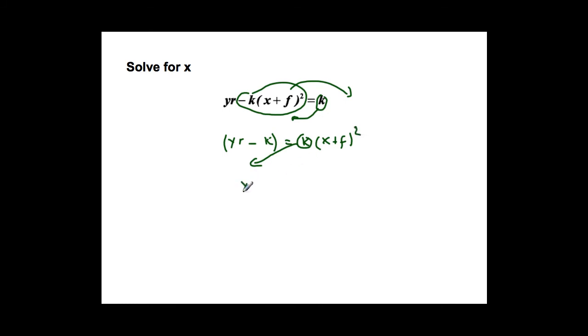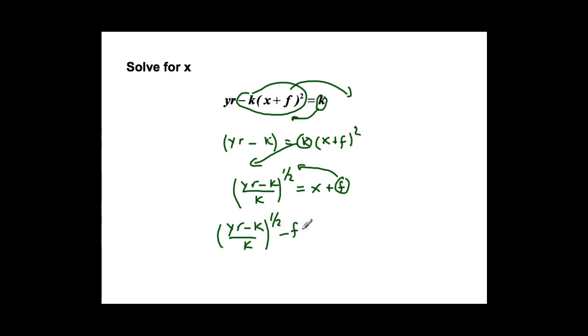So I would have yr minus k over k to the 1/2 power is going to be equal to x plus f. Now let's just bring the f over. It's going to switch its sign. So we've got yr minus k over k to the 1/2 power minus f is going to be equal to x.